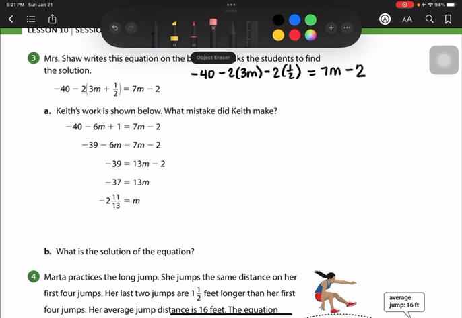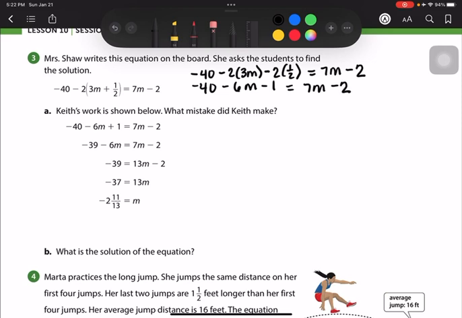All right, so we see on Keith's first line, he simplified. So let's go ahead and simplify this line. So this gives us negative 40 minus 6m minus 1 equals 7m minus 2.